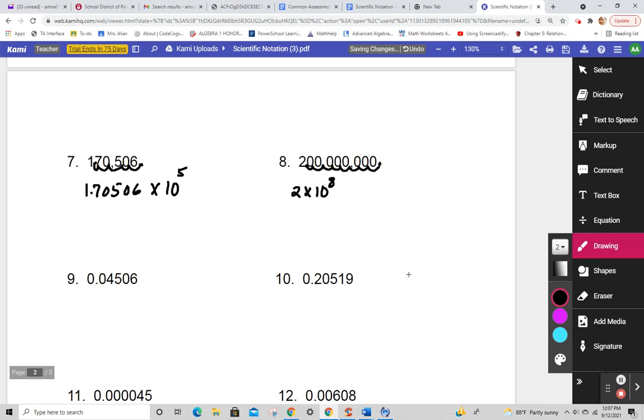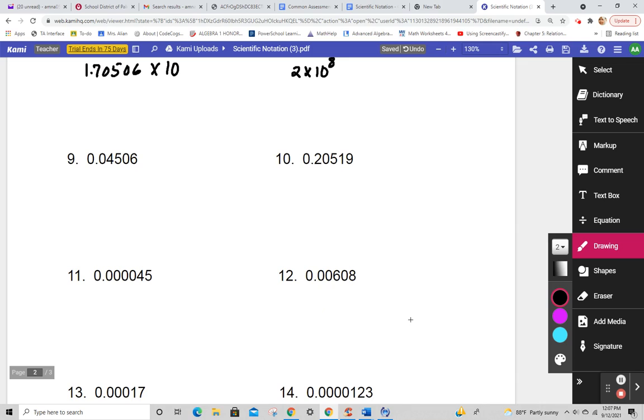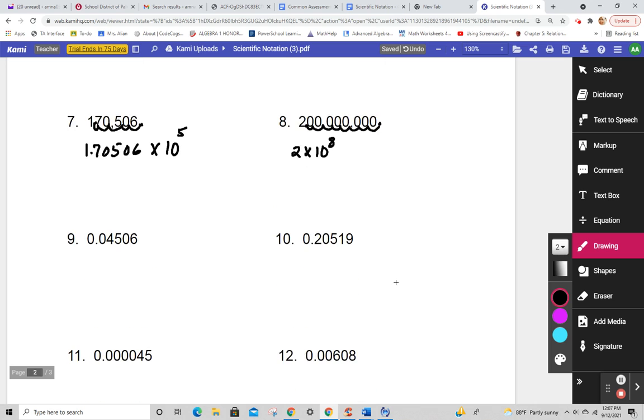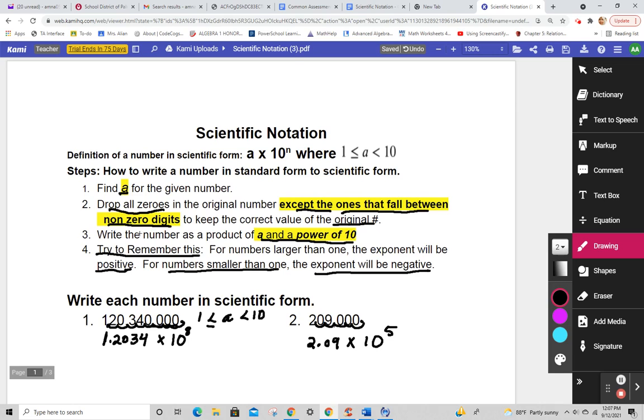Okay. All right, now let's look at 9 and 10 and the problems that follow. Notice how all these numbers are smaller than 1. And remember in the notes that I began with, I want you to try to remember this. For numbers larger than 1, the exponent will be positive.